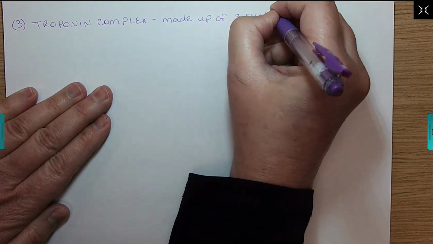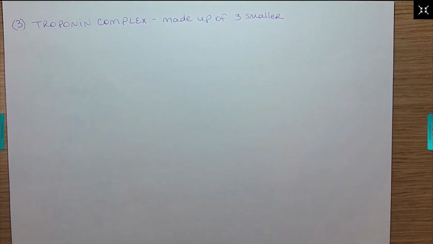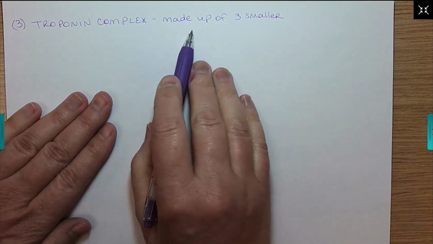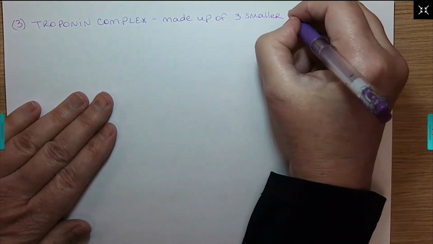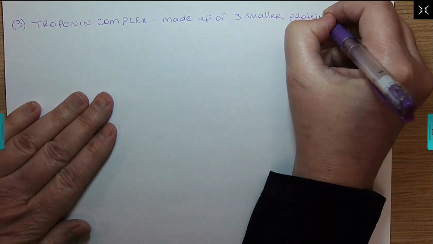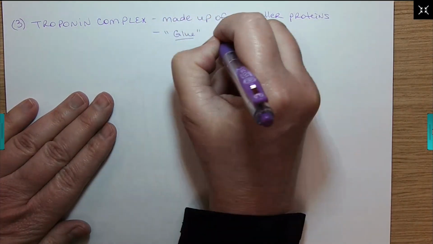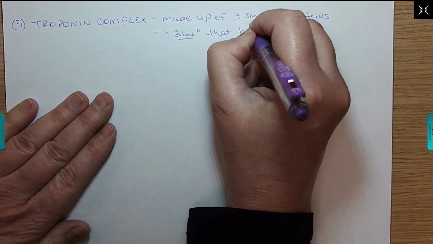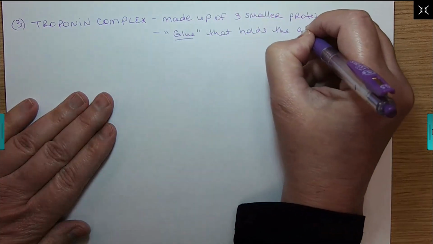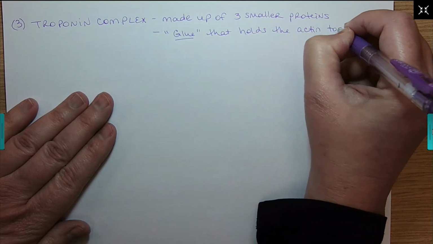I know. It'd be easier if it was made up of something different, but it's made up of 3 smaller proteins. And troponin acts like the glue that holds the actin together.